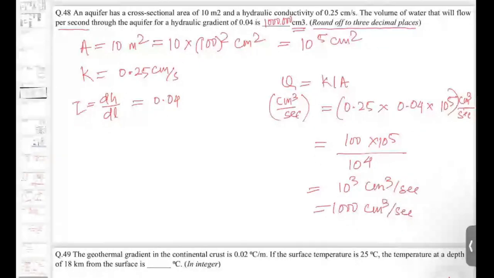But it depends on what IIT will get; they are very technically sound. If there are all zeros after the decimal, then it automatically becomes a whole number, so I think you can write 1000. That is also fine.